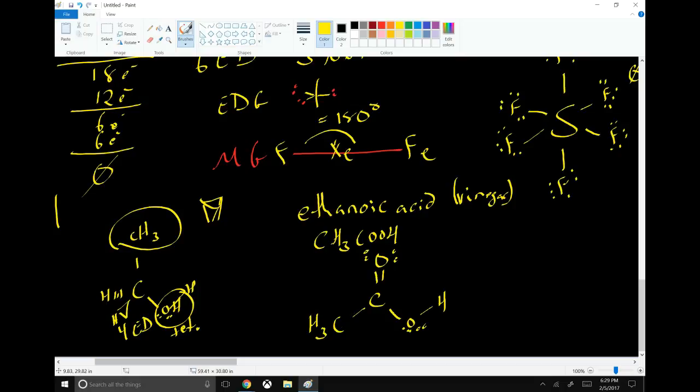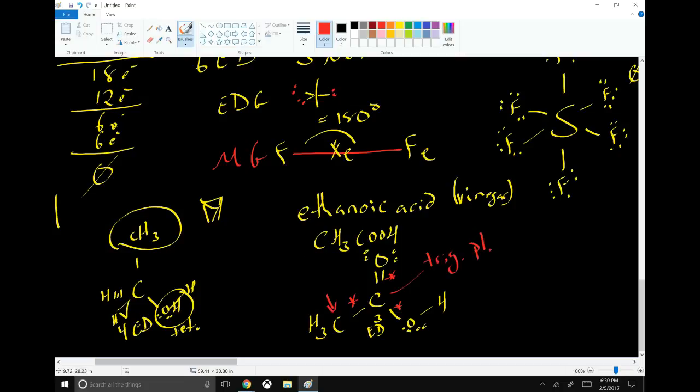And so now we see we have different geometries. This carbon here only has 3 electron domains. It has a bond to the oxygen, it has a double bond with this other oxygen, and then a regular single bond to the carbon. 3 electron domains means this carbon is trigonal planar.